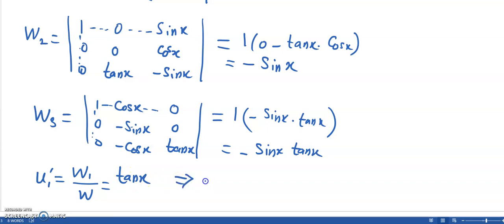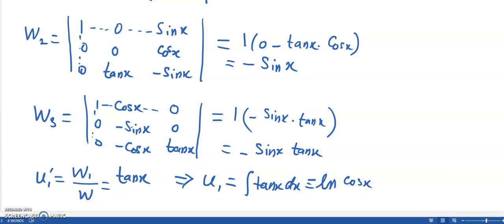So if u1 prime is tangent of x, then u1 will be the integral of tangent of x, and we know that the integral of tangent of x is log of, because it is sine over cosine, so it is log of cosine x, or maybe it's minus, because sine over cosine has the cosine derivative in there, so it will be minus log of cosine of x.